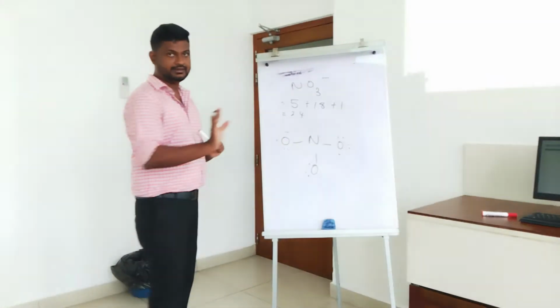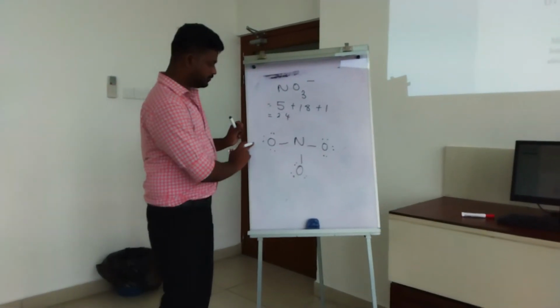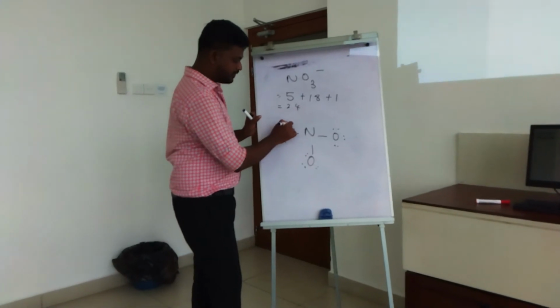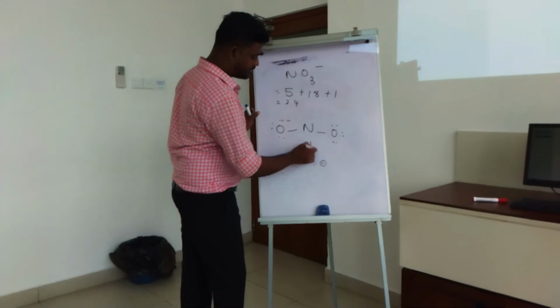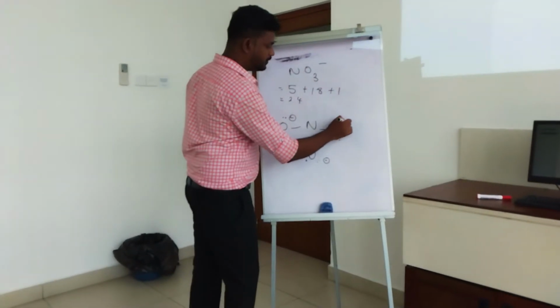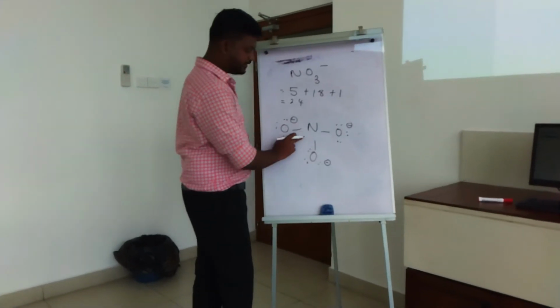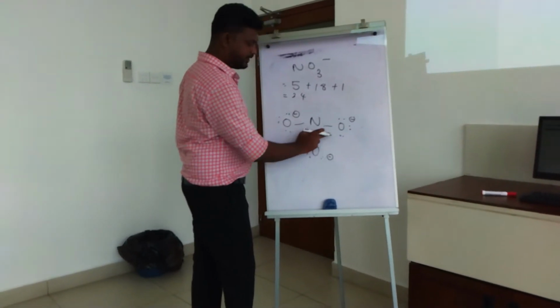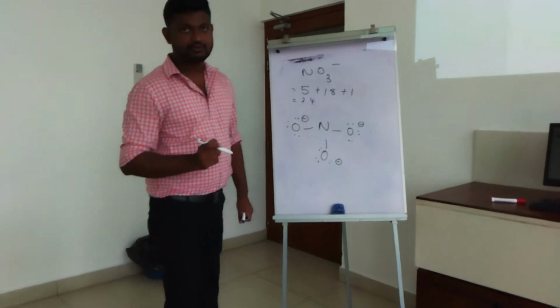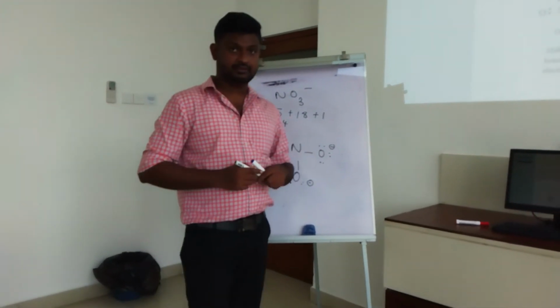Again, oxygen has one negative charge, here also oxygen has a negative charge, and here also one negative charge. If you see nitrogen, there will be one electron, one electron, one electron, so in the outermost shell you have only 3. But originally it has 5 electrons.